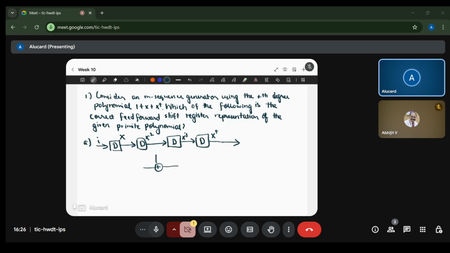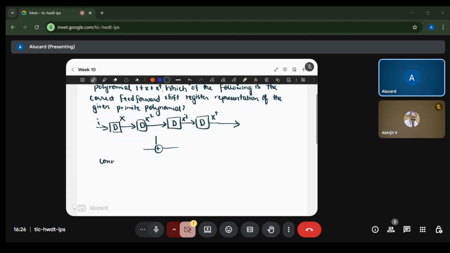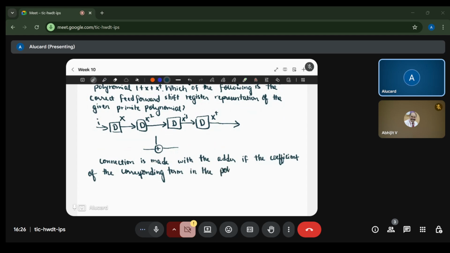So I'll simply write: a connection is made with the adder if the coefficient of the corresponding term in the polynomial is 1.